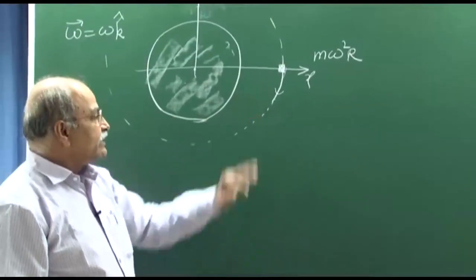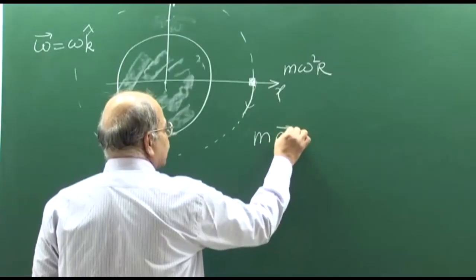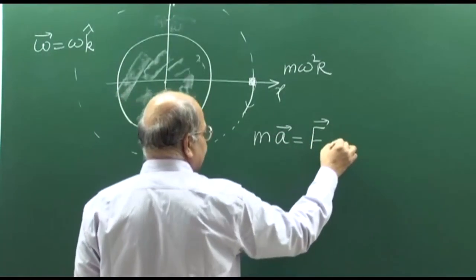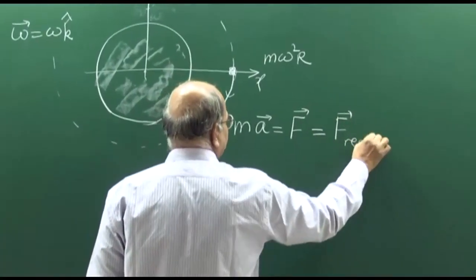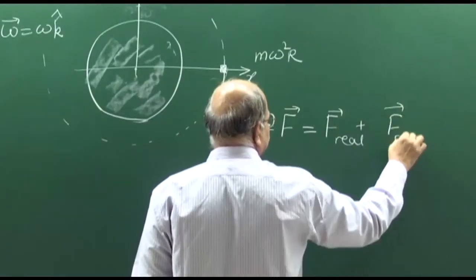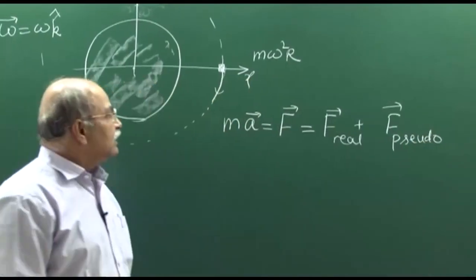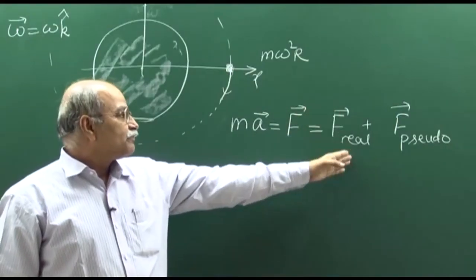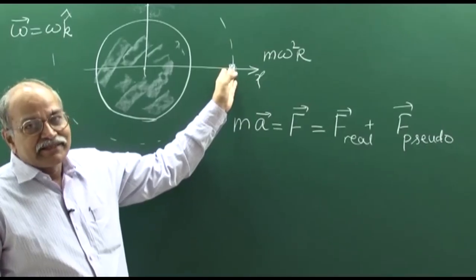So, how do I analyze it? We write mass times acceleration is equal to force, and this force we write in two parts, the actual real forces plus pseudo forces. In our case, the real forces all add to 0 because this is at rest in the lab frame, which I take as the inertial frame.